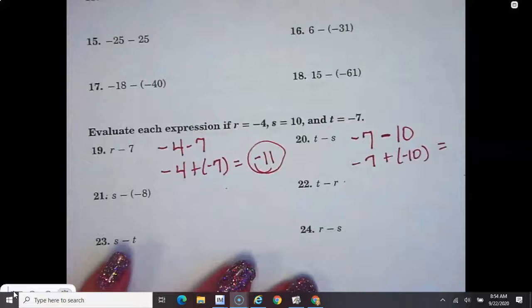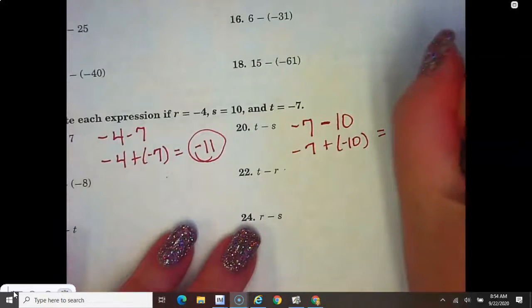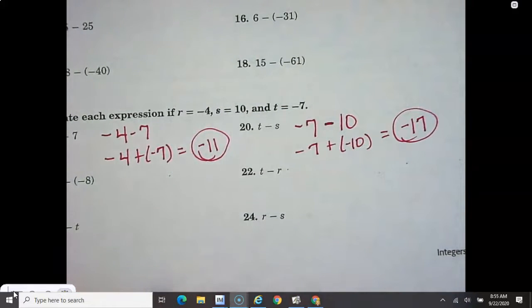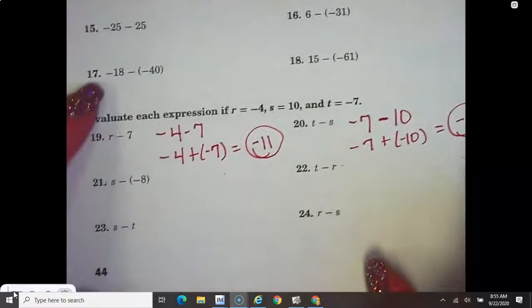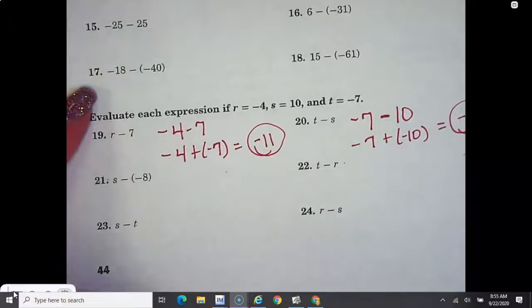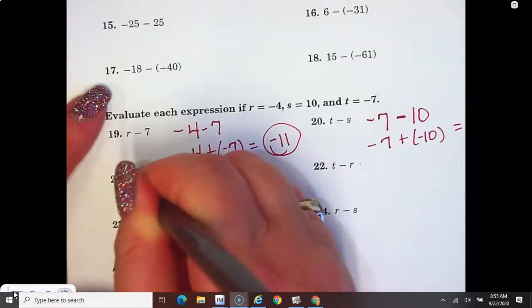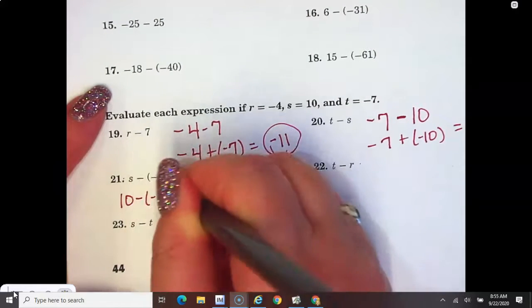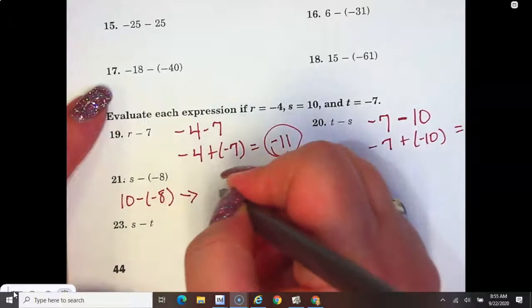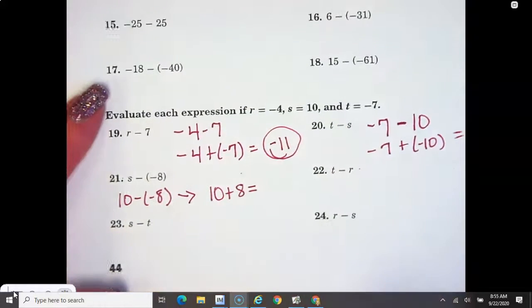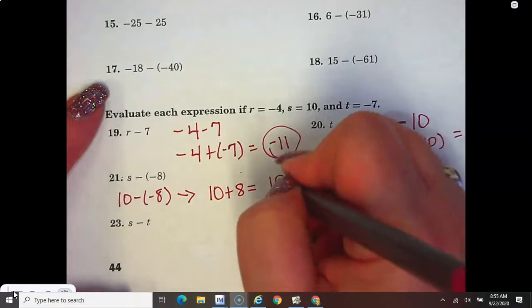And that is negative 17. s minus negative 8. What number is s? 10. 10 minus negative 8. Rewrite that. What does it become? 10 plus 8. And 10 plus 8 is 18.